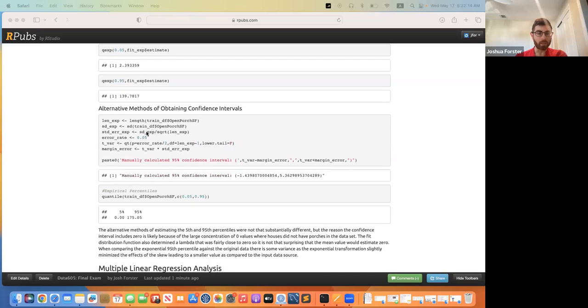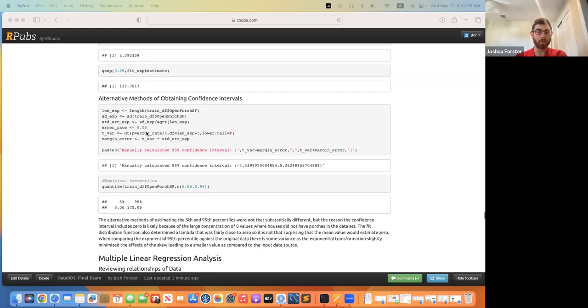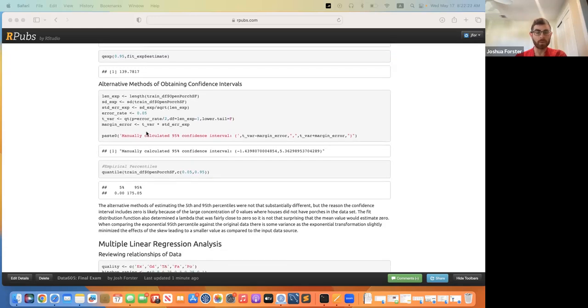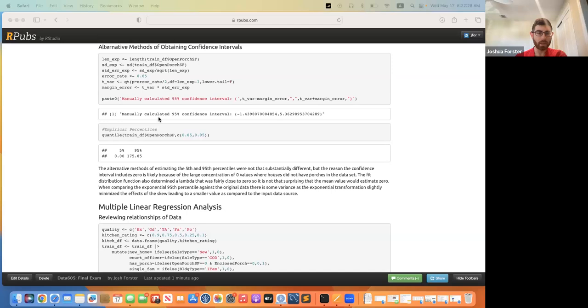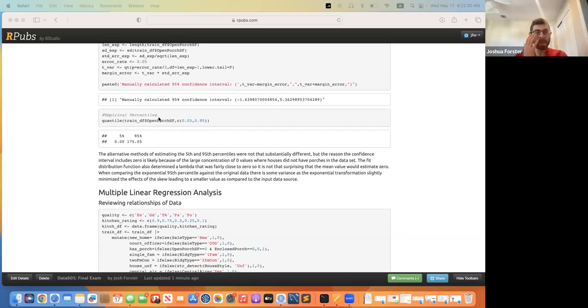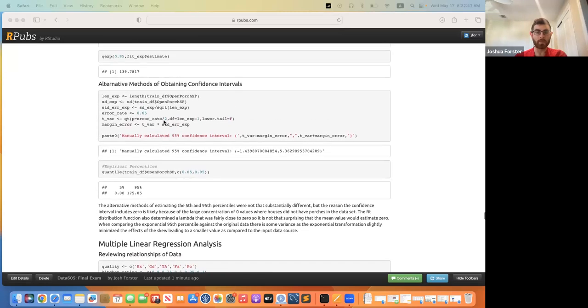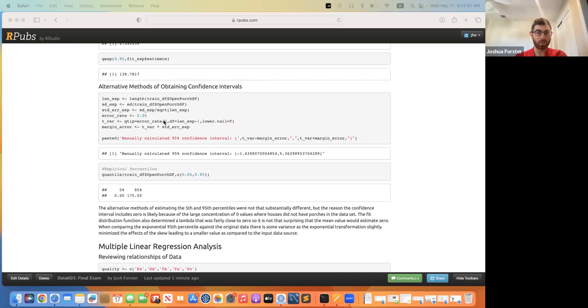And we're calculating using a t statistic to measure the mean, getting a 95% confidence interval of what we think the mean value is for those percentile values. And then lastly, we're running a quick standard quantile of the original data set. So these 3 methods are all very similar overall.